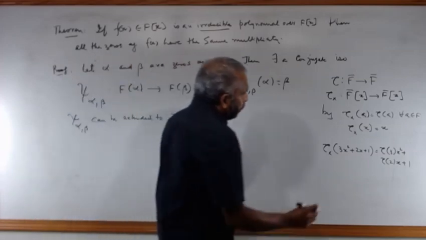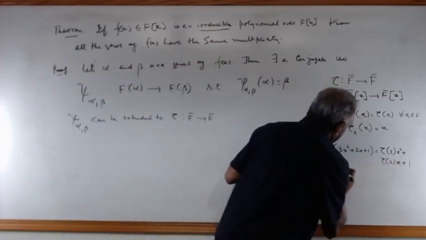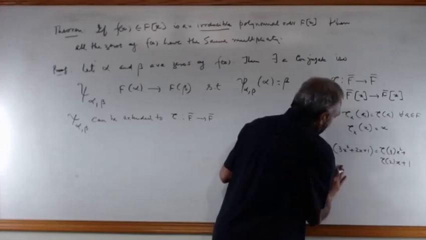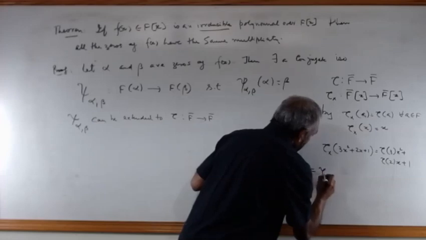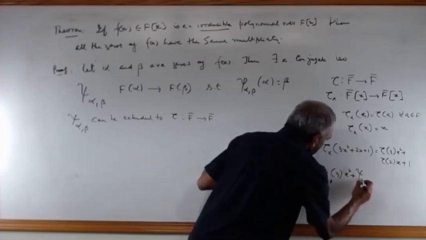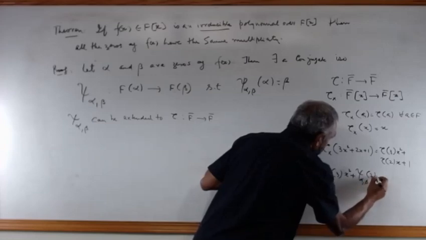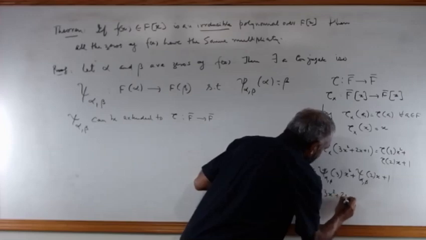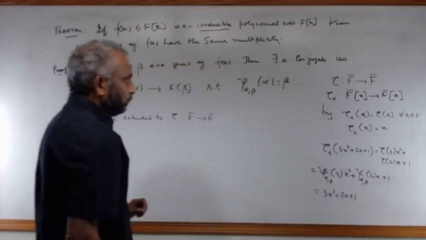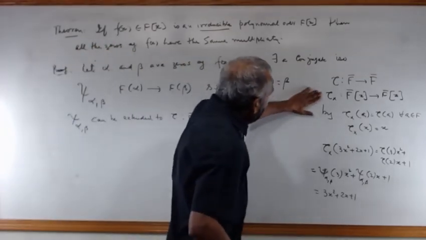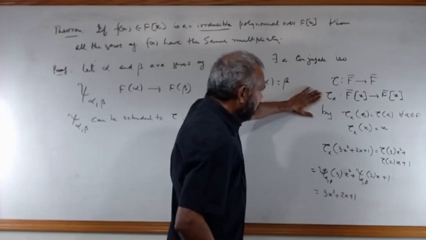Meaning, this is actually 3. This will be equal to psi alpha beta of 3 x square plus psi alpha beta of 2 x plus 1, and this is equal to 3x square plus 2x plus 1. That is how we define this isomorphism.